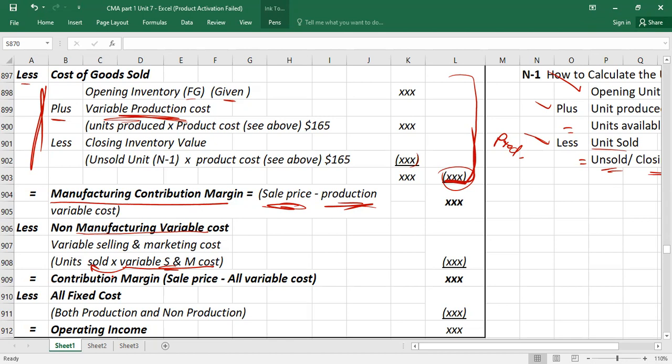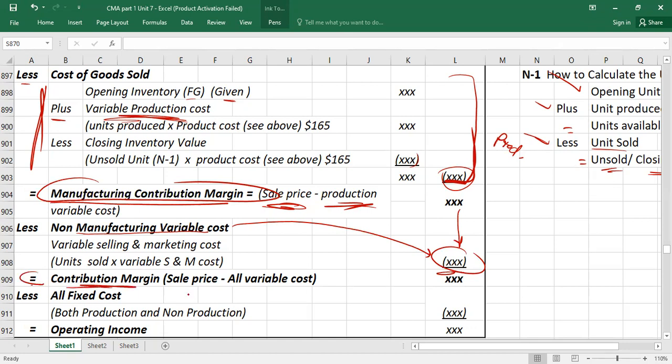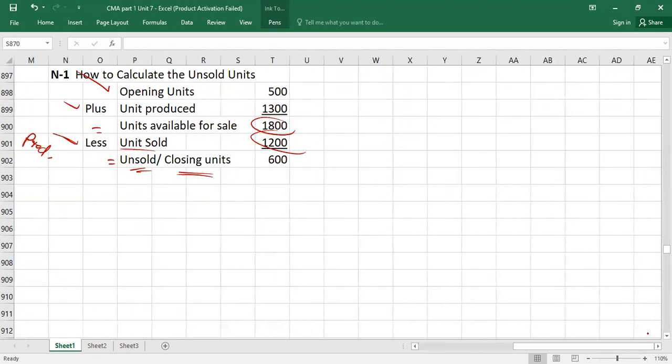Understood? Clear? So once you multiply, you get the non-manufacturing variable cost, and from the manufacturing contribution margin you deduct this non-manufacturing variable cost also. So this is now called the contribution margin. Understood? Clear? Can I say it this way also?